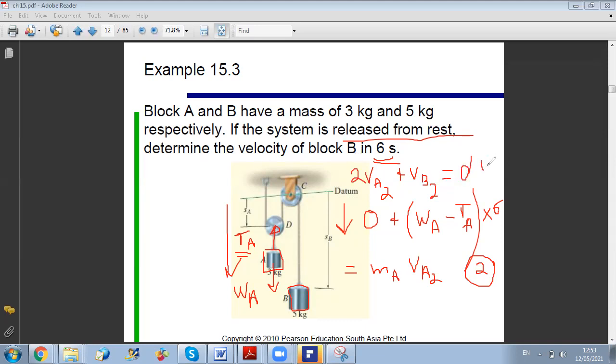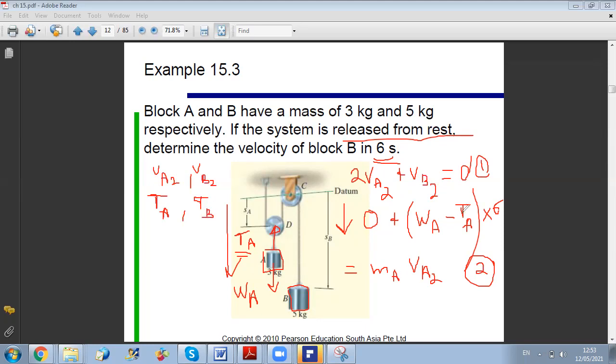So this is equation number 1. Up to now, what are our unknowns? The unknowns are the tensions and the velocities: VA2, VB2, TA and TB. Okay, so we have 4 unknowns, then we should write 4 relations.